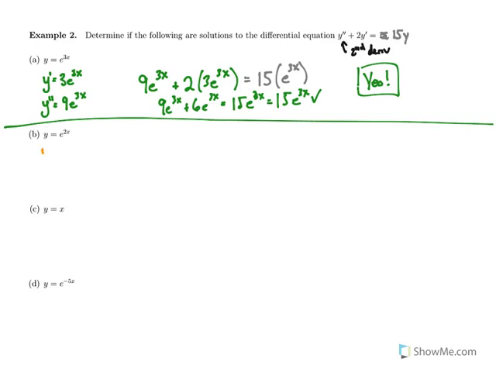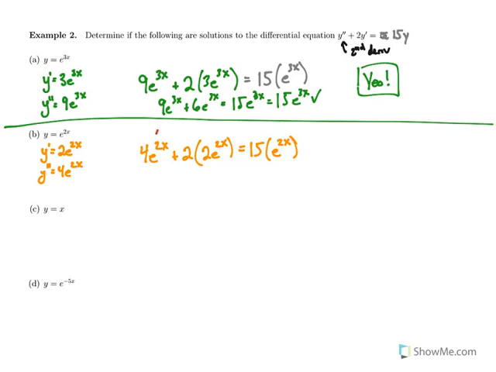So y equals e to the 2x. The derivative is 2e to the 2x. The second derivative is 4e to the 2x. Plugging this in, we have 4e to the 2x plus 2 times 2e to the 2x. And this should be equal to 15 times the original function, e to the 2x.